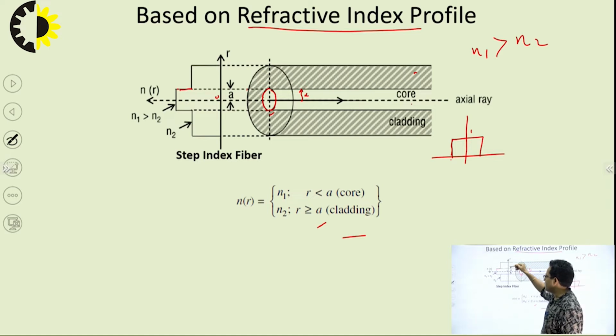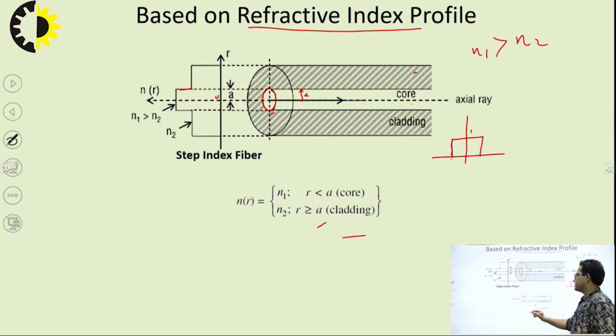It is a function of the radial distance from the center of the axis. Whatever refractive index variation occurs as one moves from the central axis towards the clad, that is what this N(r) is indicating: refractive index variation as a function of radial distance.